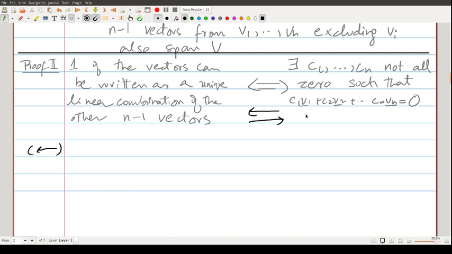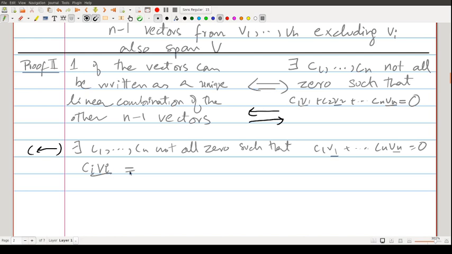So let's suppose these are not 0, then this is fairly simple. I'm assuming that this is true, so there exist c1 up until cn not all 0, such that c1 v1 plus dot dot dot cn vn is equal to 0. Now it's very easy to see that I can just pick any one of them and write it as a linear combination of the others by moving it to the other side. So let's say I pick ci vi and I move the rest of them to the other side: minus c1 v1 minus c2 v2 dot dot dot minus cn vn.